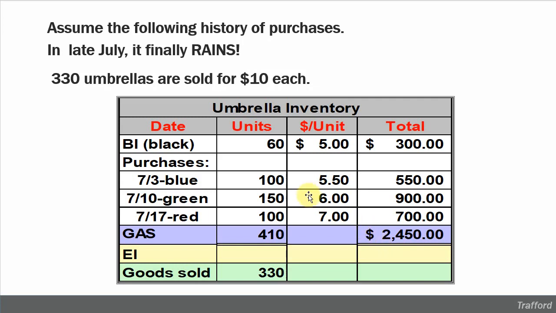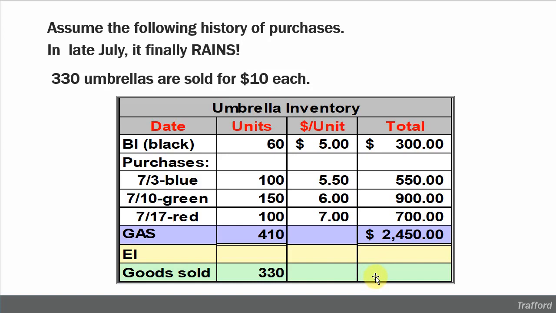Now the other thing that we know here is that if Noah had 410 umbrellas available for sale, then all of those umbrellas either got sold or he still has them in ending inventory. And the same, of course, can be said for the dollar amount. The total cost available for sale for all of the umbrellas, beginning inventory plus purchases, that cost needs to be assigned to the umbrellas Noah has left at the end of July and to cost of goods sold.